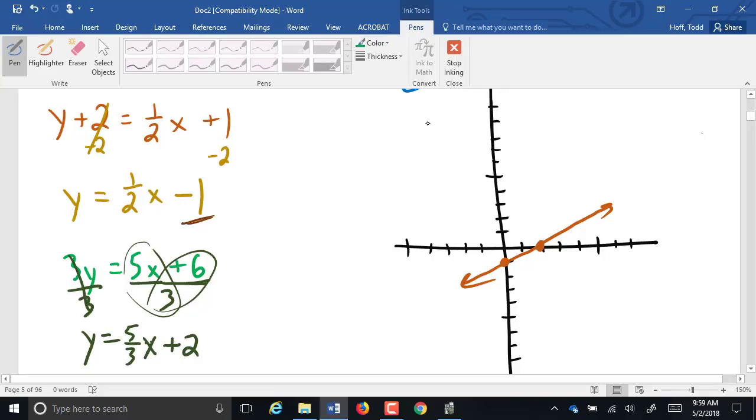So when we go to graph this, we're going to start out at 2. And from there, we're going to go a rise of 5 and a run of 3. So there's our second point. Just like that.